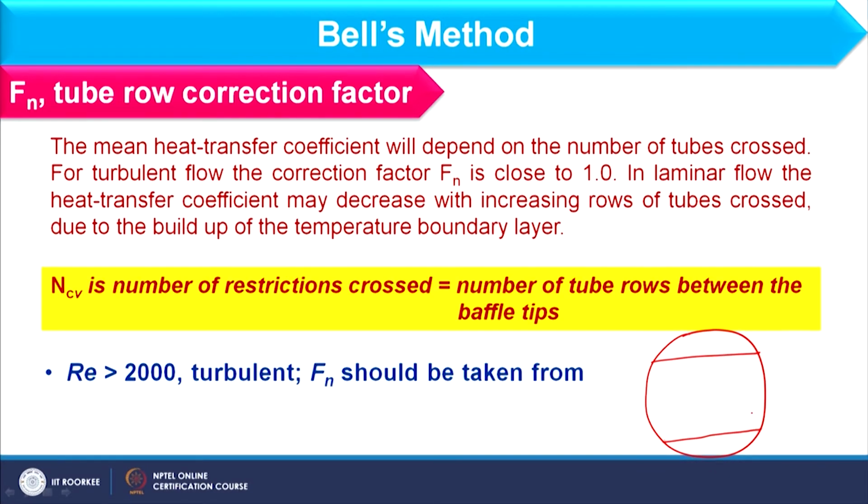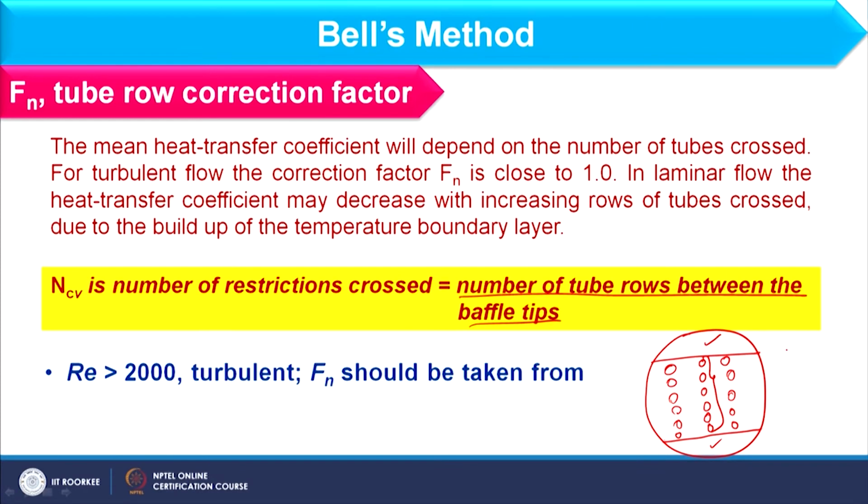This is one baffle and this is another baffle having cut here and here. Okay. Now, number of tube rows between baffle tips. So, these are basically the baffle tips, and if I am having tube rows like this, right. So, in this way we can consider these as NCV.